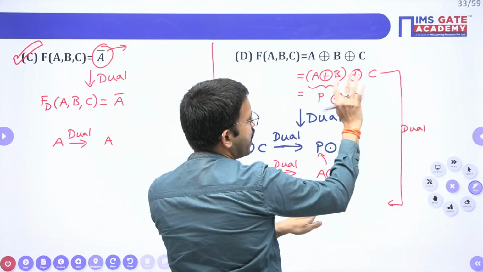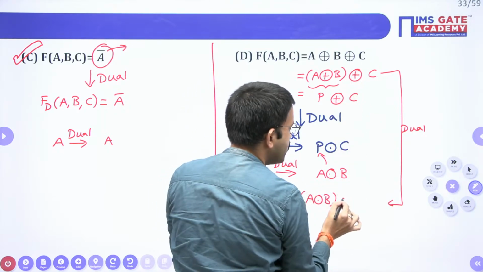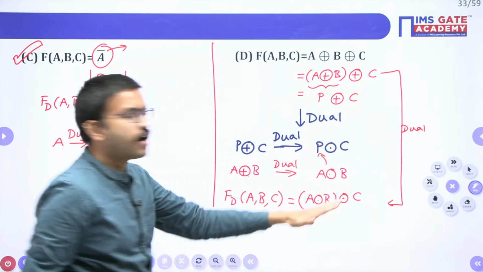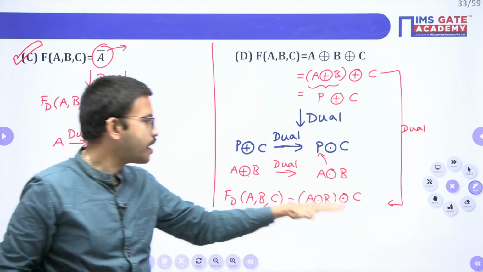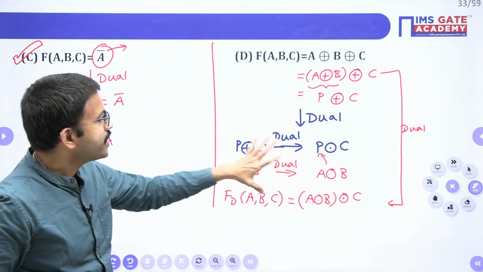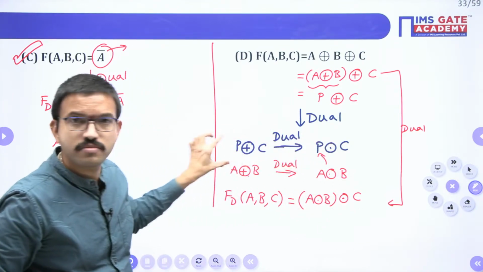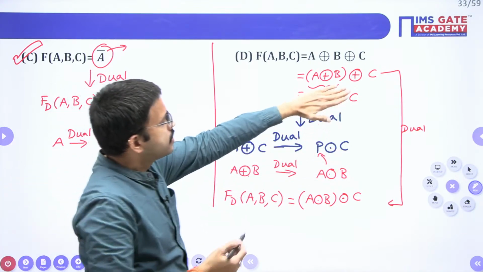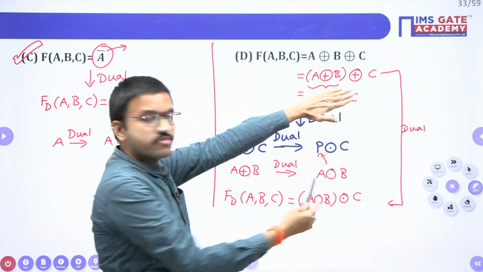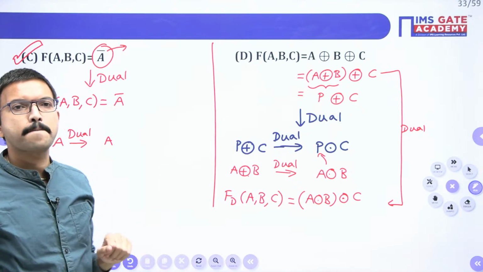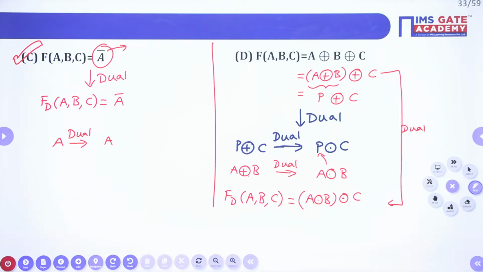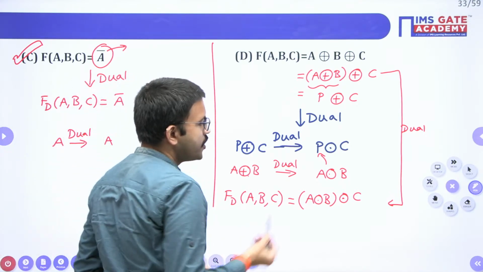Now you have XOR with C, so here you will get XNOR with C. All of you please respond: up to this point, is it clear? For understanding purposes I have written these two sentences, but directly from this equation you can write this one.